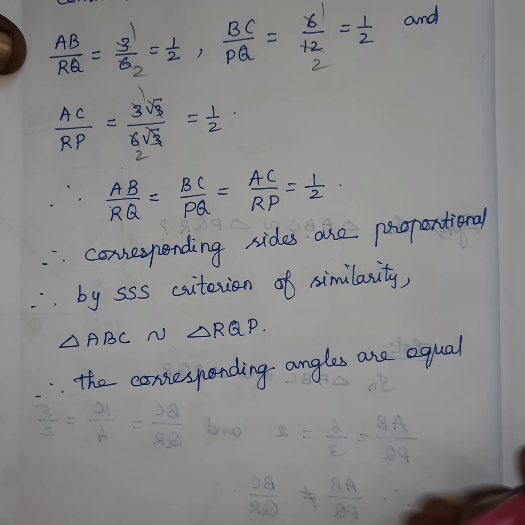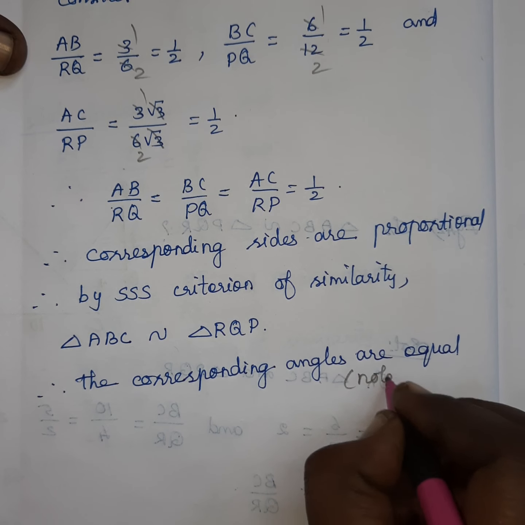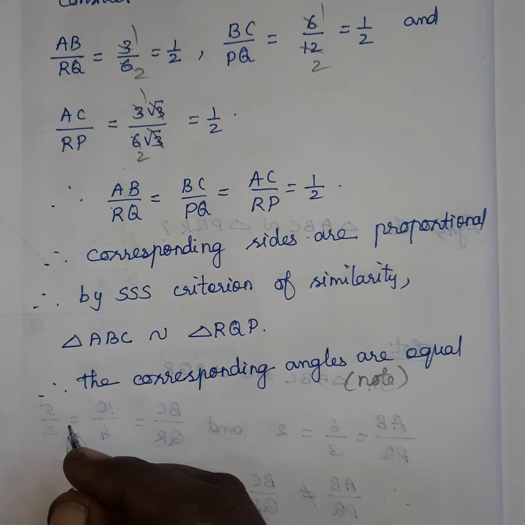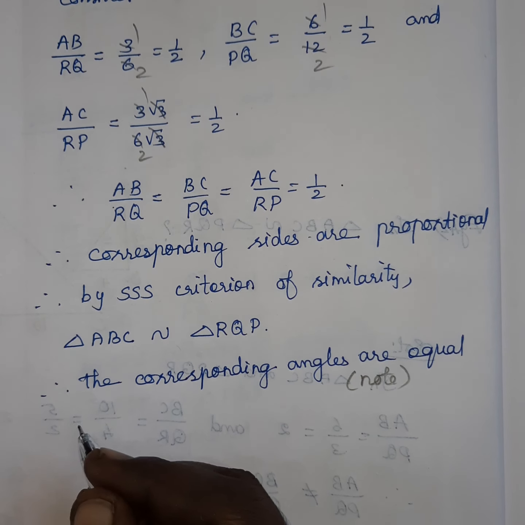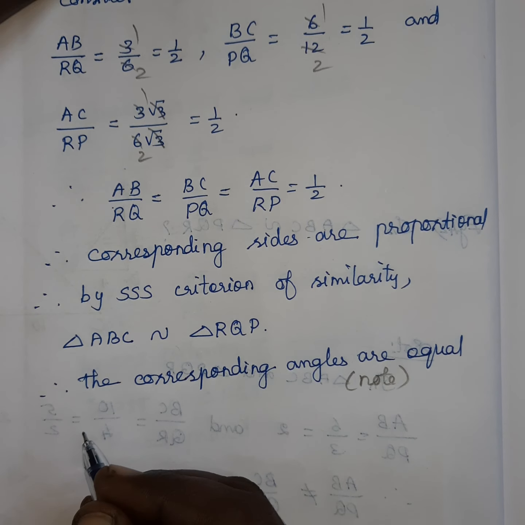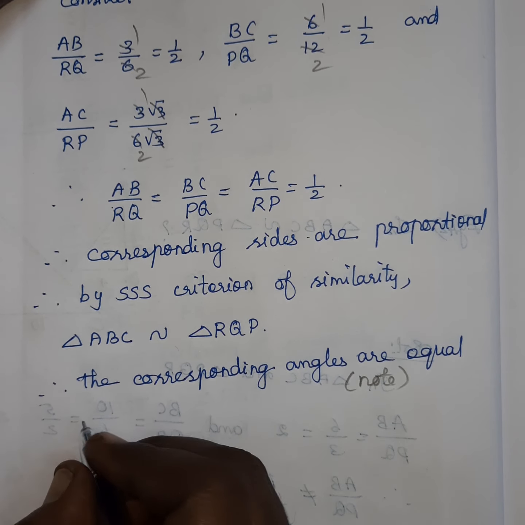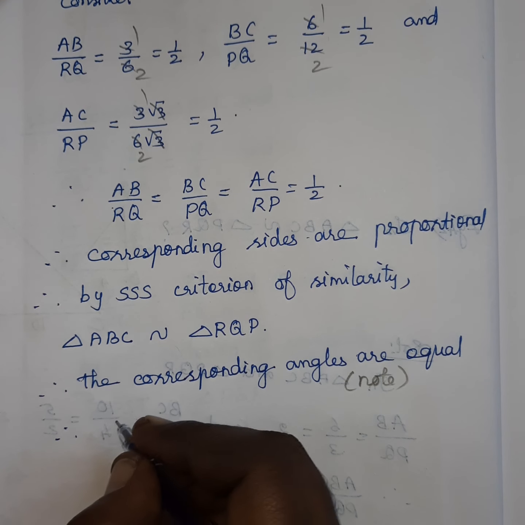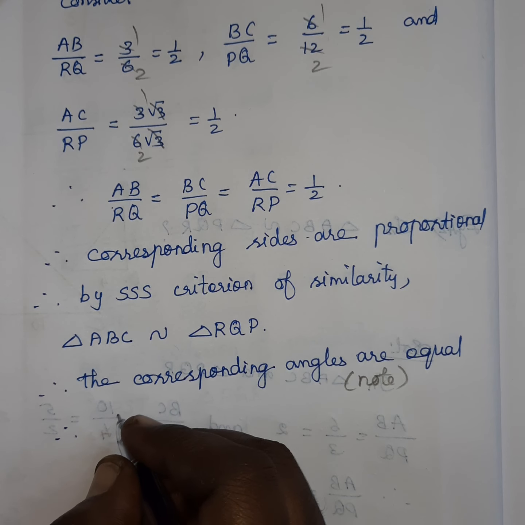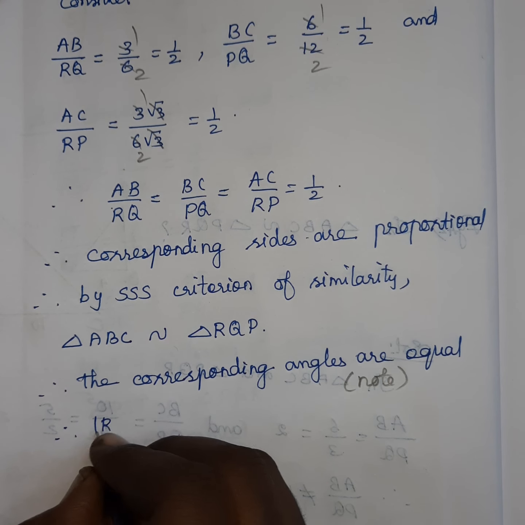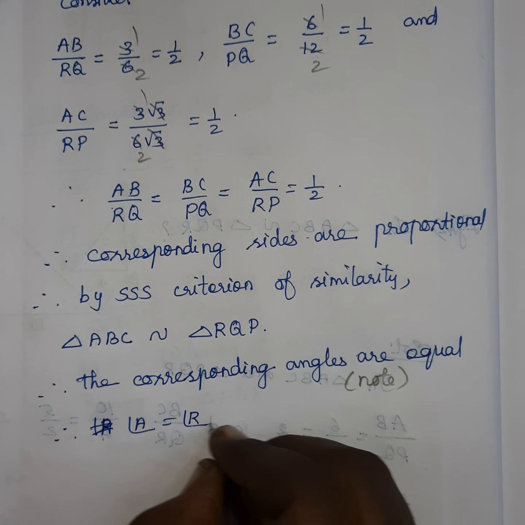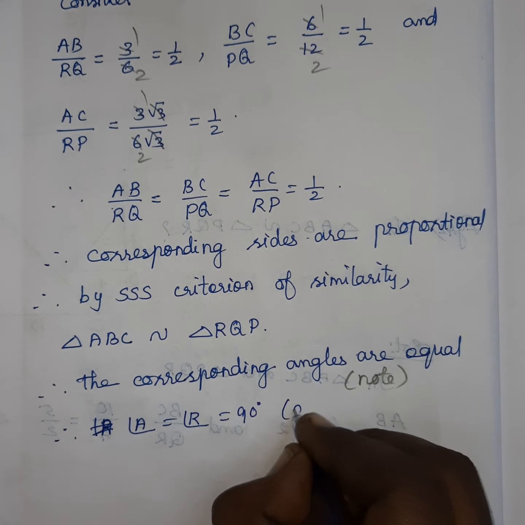Then we studied from the note, last note before the illustration, if the triangles are similar, they are equiangular. Using that only we write the angles are equal. Therefore, angle A equal to angle R, that is 90 degree, given.